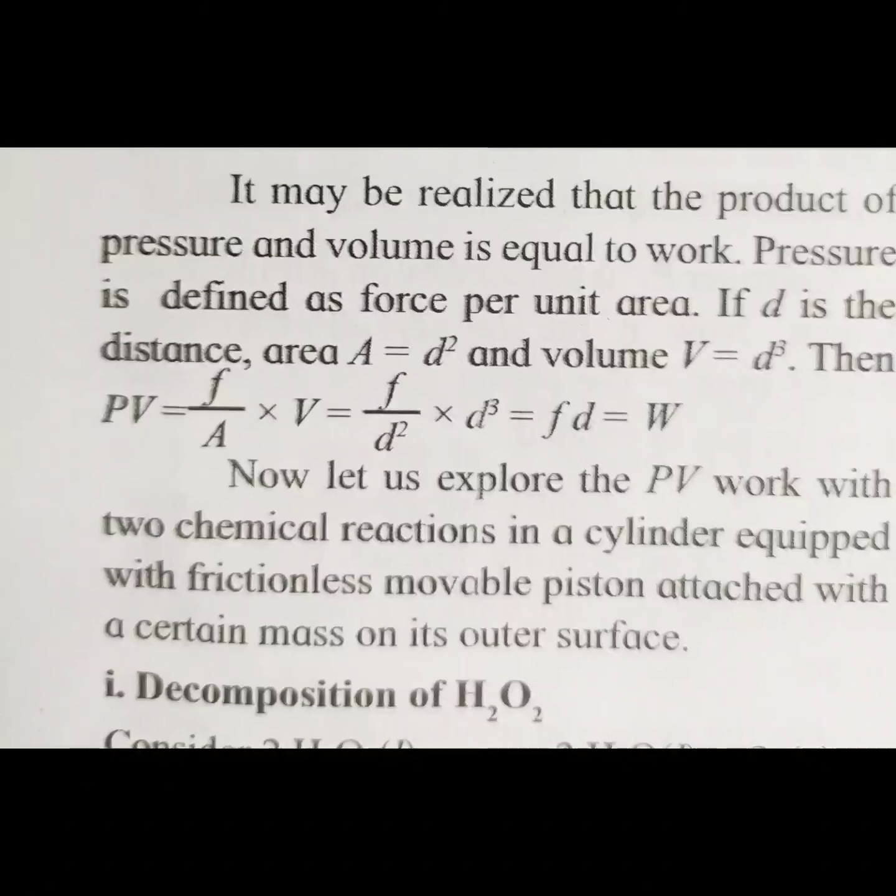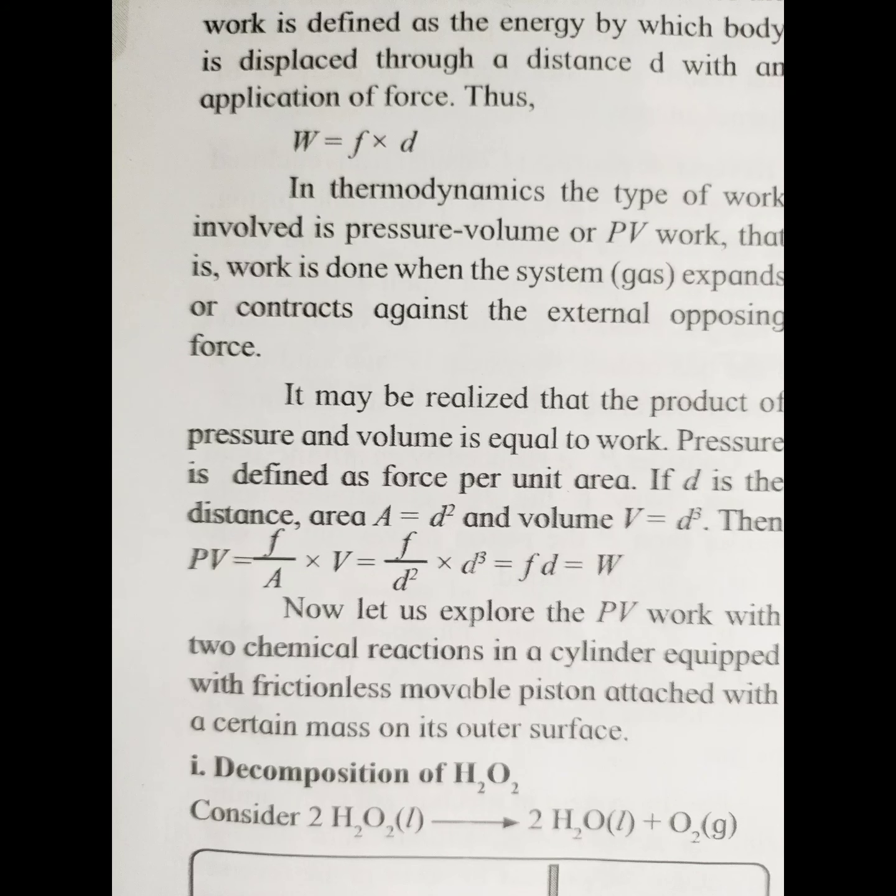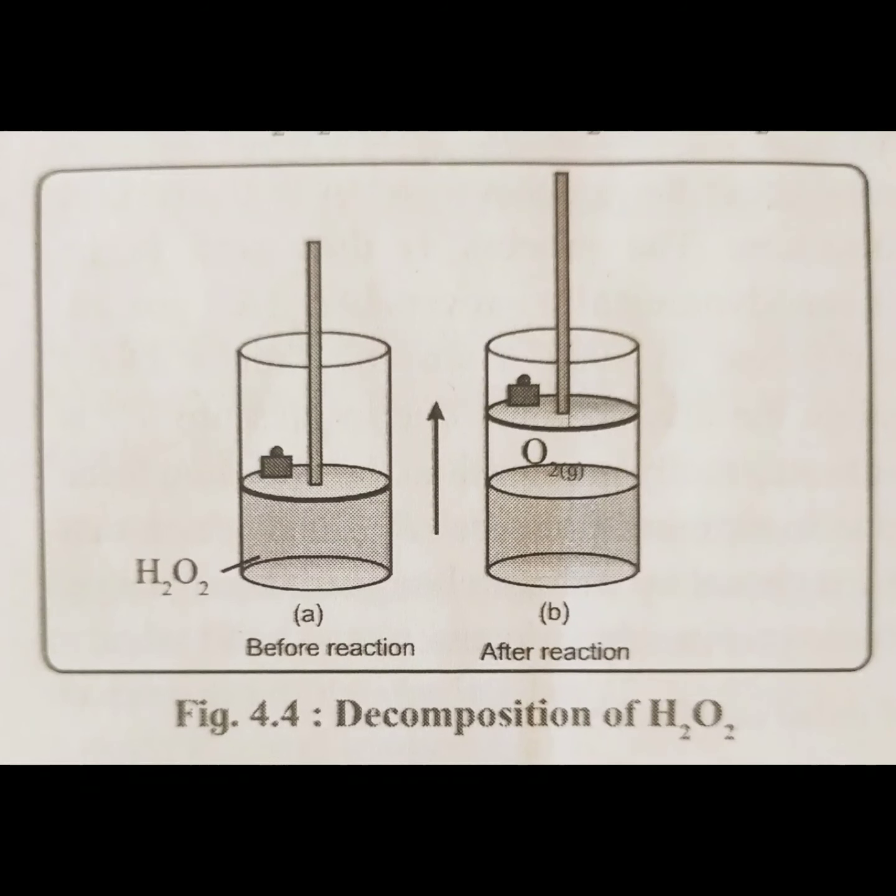Let us explore PV work with two chemical reactions in a cylinder equipped with a frictionless movable piston. The first is the decomposition of H2O2. Here are the two cylinders. In the first cylinder, we take H2O2.